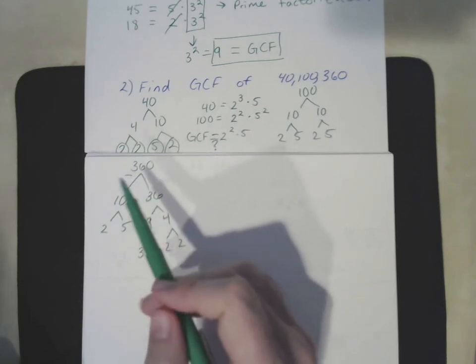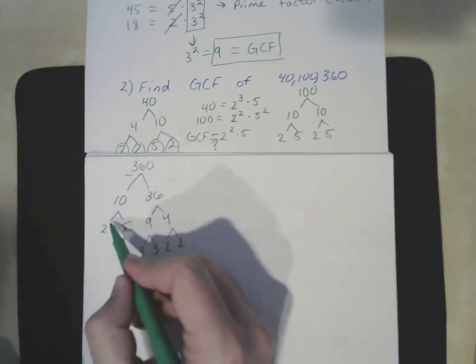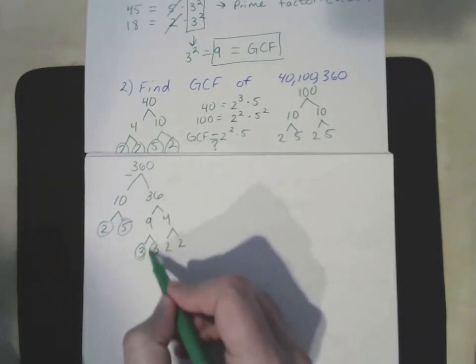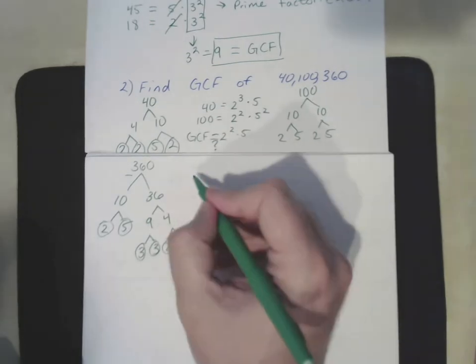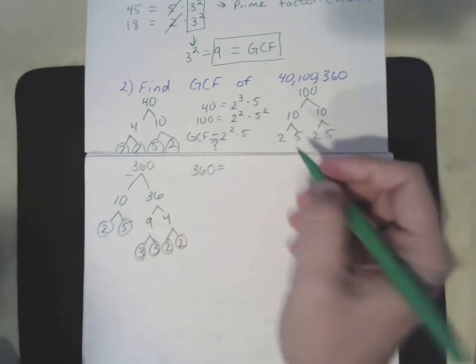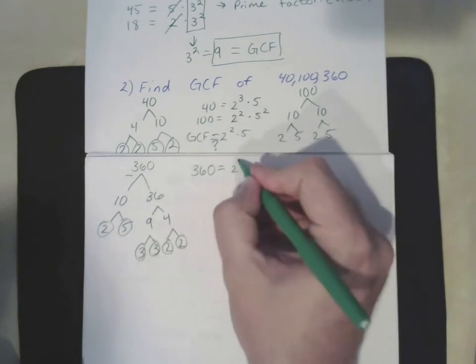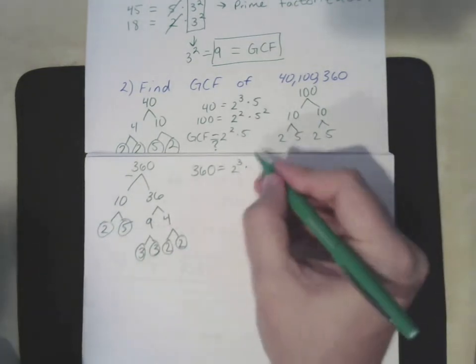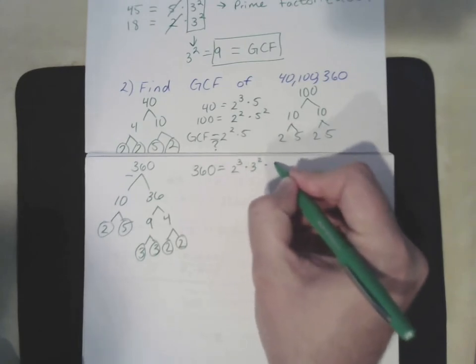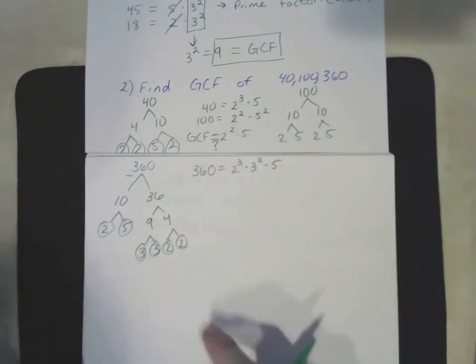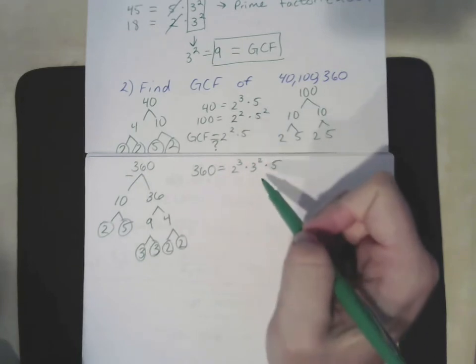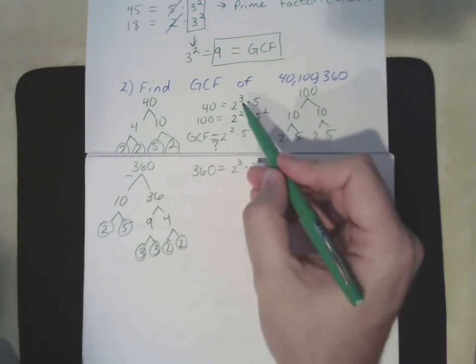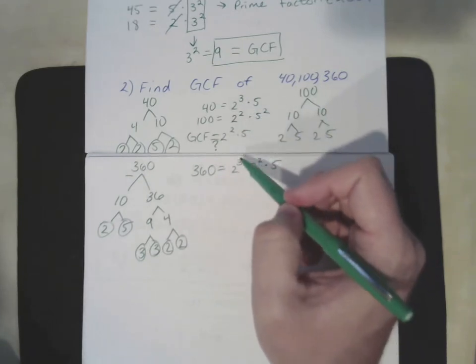And so because 360 is bigger and has more prime factors than the others, there are 3 2's, there are 2 3's, and 1 5. And so if we were to compare all 3 of these prime factorizations, again, we have to go with the smallest thing in common.